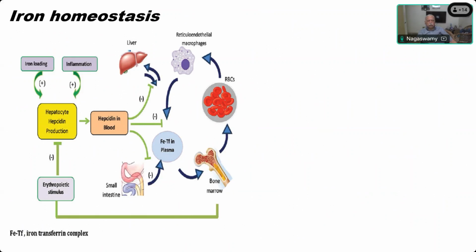What are the dietary constituents which are rich in iron? Leafy vegetables, very good. Dates, amla, red meat, excellent. These are the normal dietary sources which will help you get more iron. They are absorbed from the small intestine, and then iron in the plasma goes to the, where does it go?